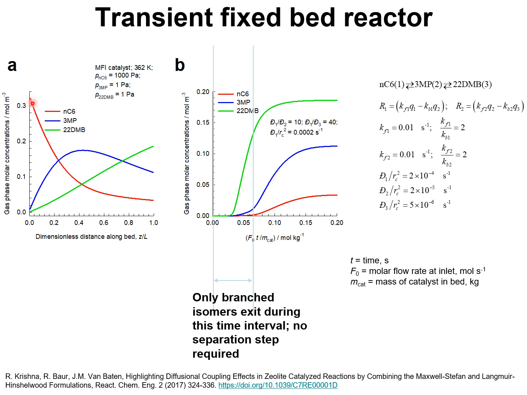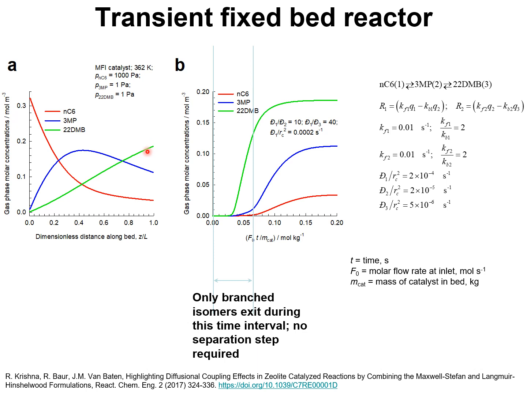This is the normal hexane molar concentrations in the gas phase plotted as a function of the distance along the fixed bed reactor. The blue line shows the molar concentration of 3-methylpentane, and the green line shows the molar concentration of 2,2-dimethylbutane.